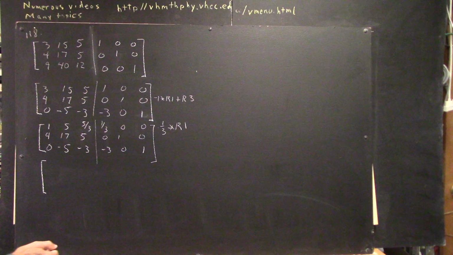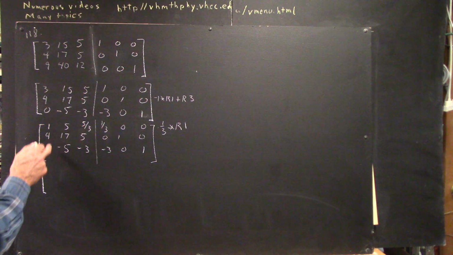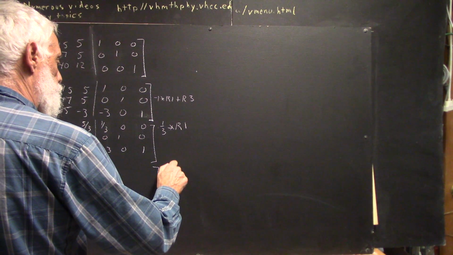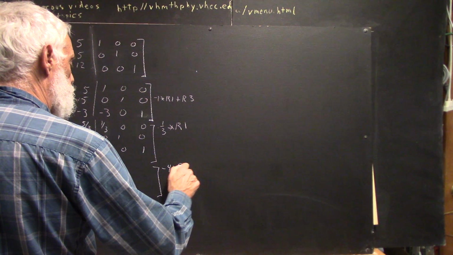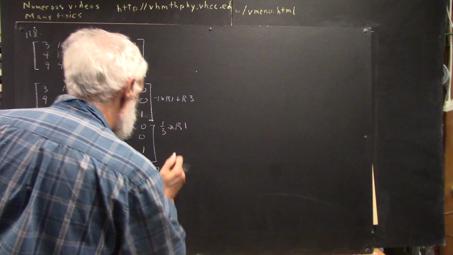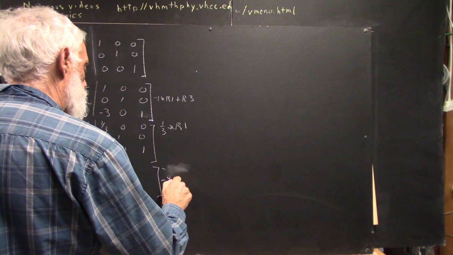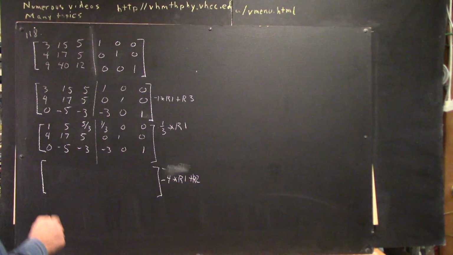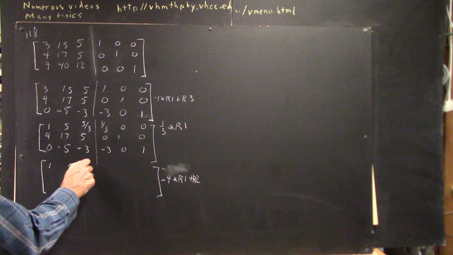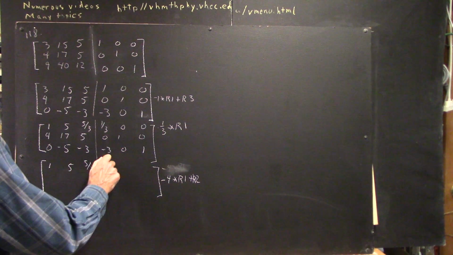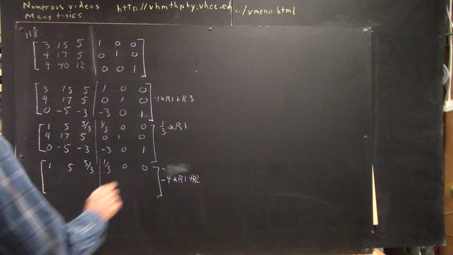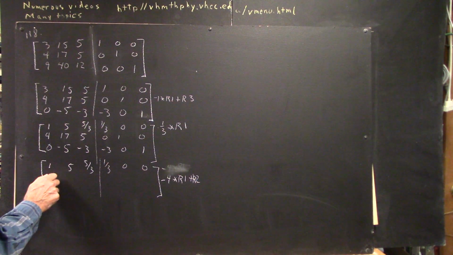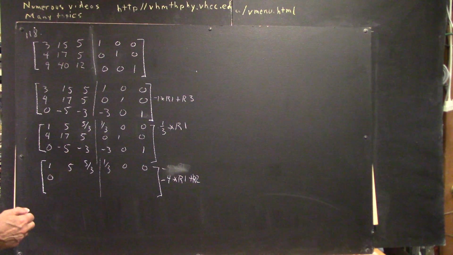Okay, so my next step is going to take negative 4 times the first and add it to the second. So it's going to be negative 4 times row 1 plus the second, and that's going to replace the second row. So my first row is going to stay the same. My second row, well, negative 4 times 1 is negative 4 added to 4 gives me 0, and that's exactly why I did what I did.